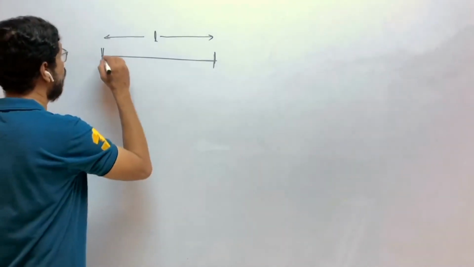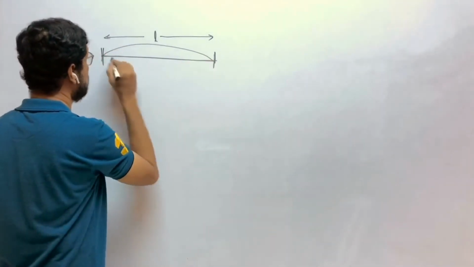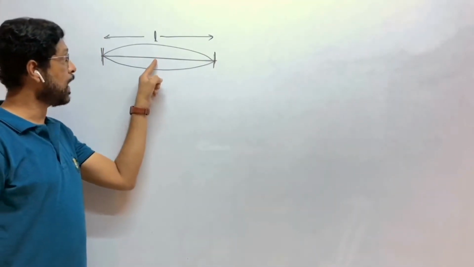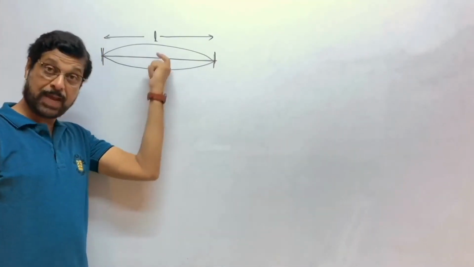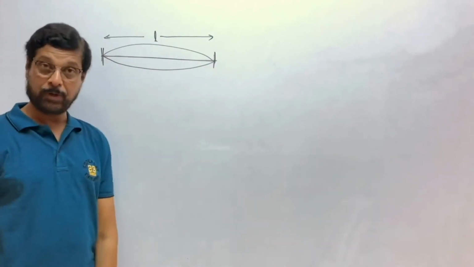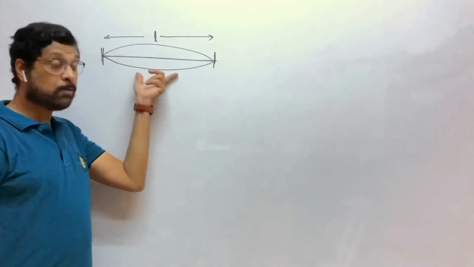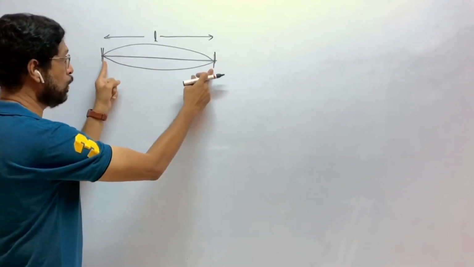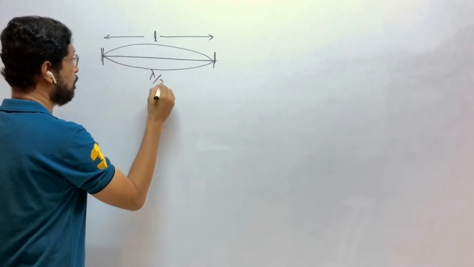So one loop is formed. If the string is plucked exactly at the middle, then one loop will be formed. In terms of lambda, how much is this? Length of one loop is lambda by 2.